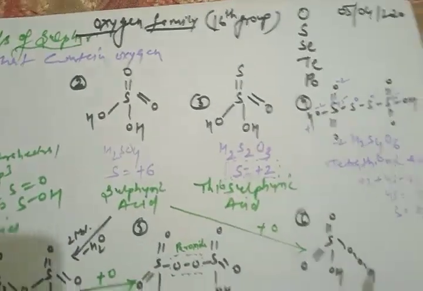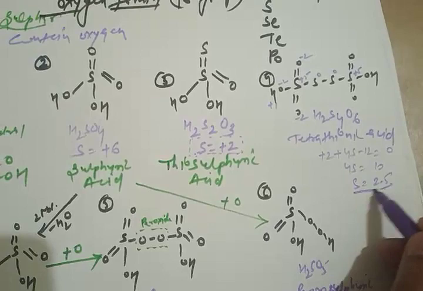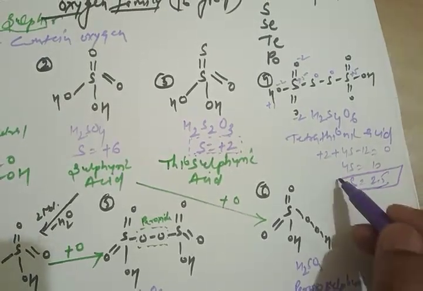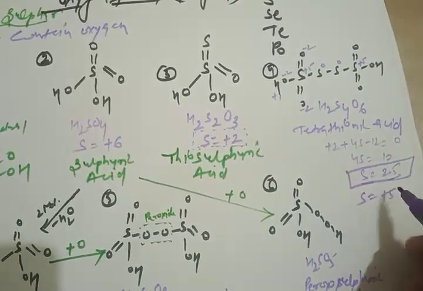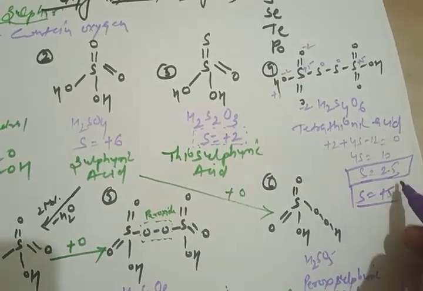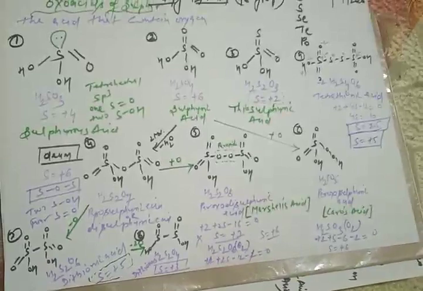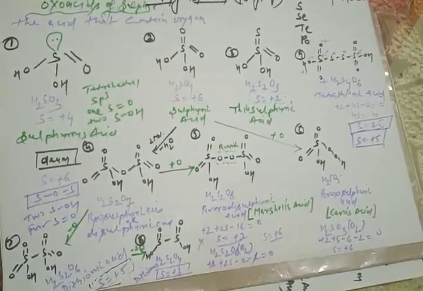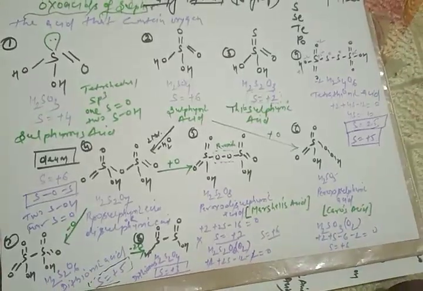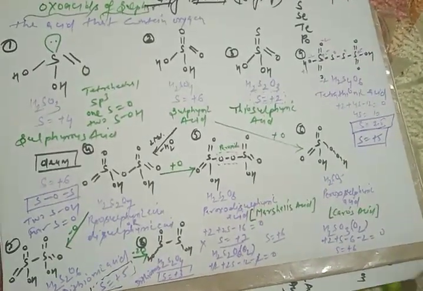So this is again a different oxidation state, plus 5 and 0. So these are the different structures, oxidation states, and geometry of oxoacids of sulfur.